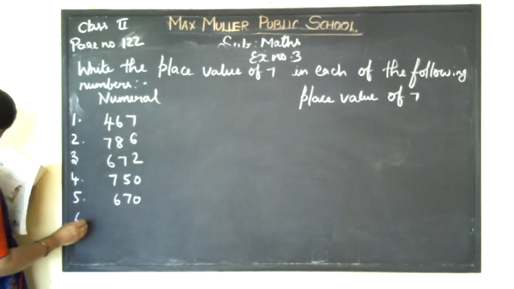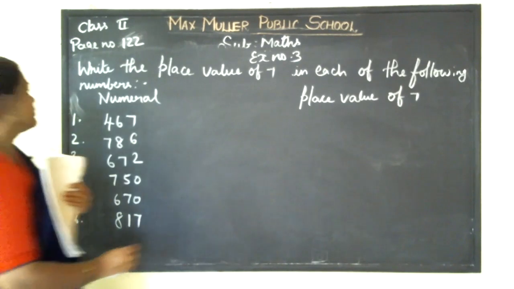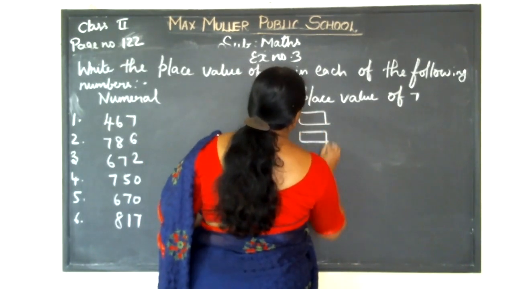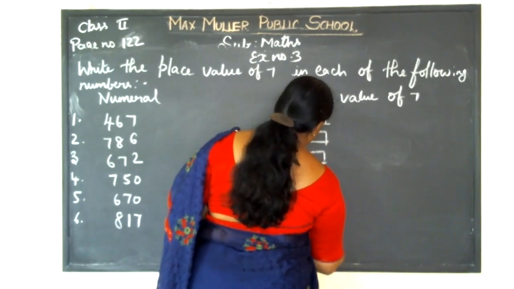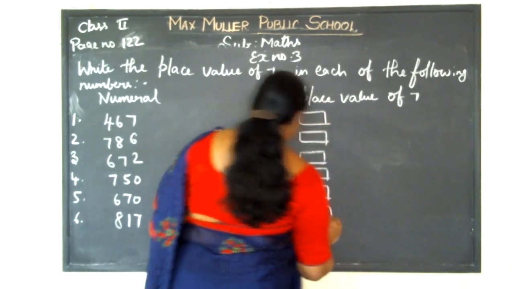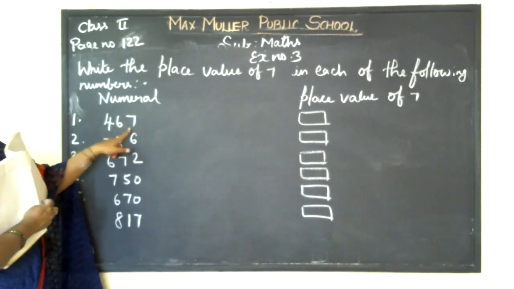Sixth one, 817. So for this number, where is 7? See, 467. 7 is in which place, children?